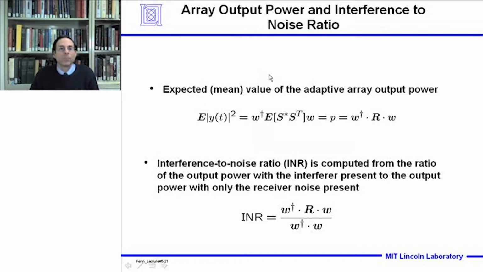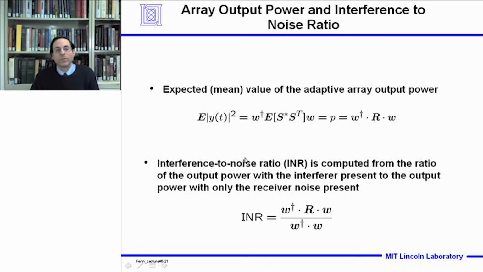To compute the array output power and interference noise ratio, we can do the following calculation. So the expected or mean value of the adaptive array output power is shown here, and that's given by the weight conjugate transpose times the covariance matrix times the weight vector. That gives us the array output power.